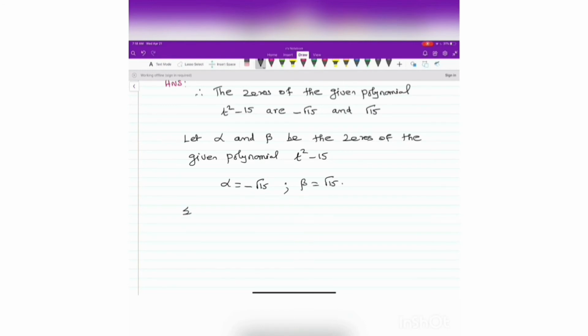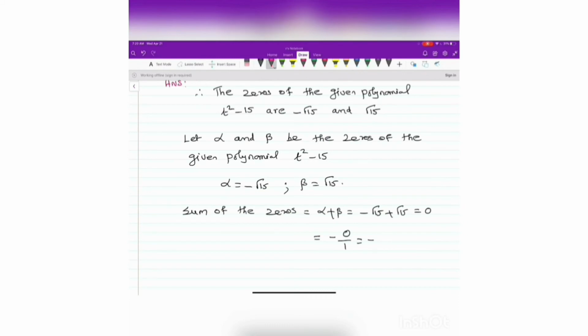Now sum of the zeros is equal to alpha plus beta is equal to minus root 15 plus root 15, which is equal to 0. I can write 0 as minus 0 by 1. Now, what is 0?